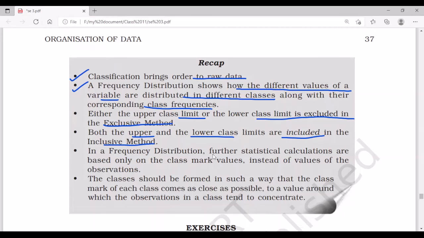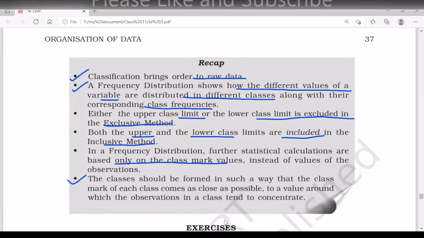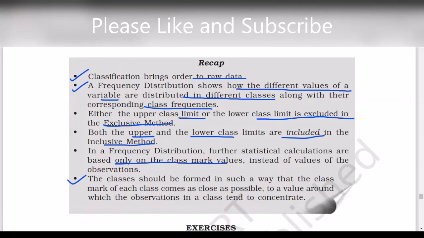In a frequency distribution, further statistical calculations are based only on the class mark values. The last one is, classes should be formed in such a way that the class mark of each class comes as close as possible to a value around which the observations in a class tend to concentrate.